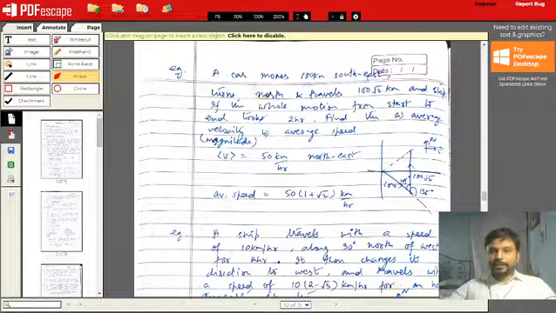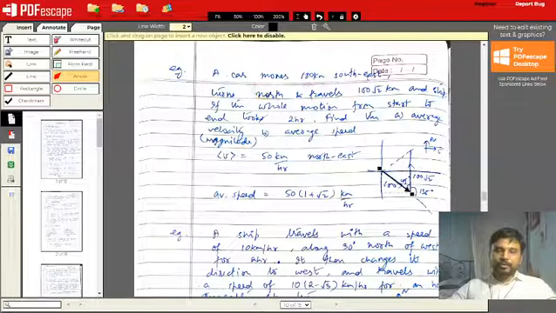So first, the east direction is this one, and north is this one. So southeast is somewhere here, and it has traveled a distance of 100 kilometers. After that, it travels a distance in north direction.